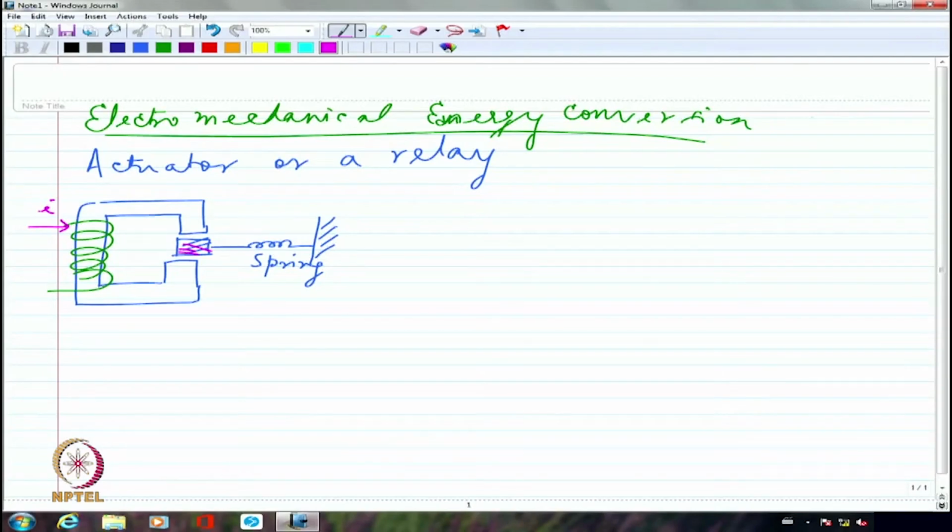The actuator is a mechanism which may have a translational movement depending upon how much current you are passing through another mechanism which is creating a magnetic field. So this is essentially an electromagnetic actuation mechanism. This is also sometimes called a relay. A relay typically is used for some protective features in a power system.